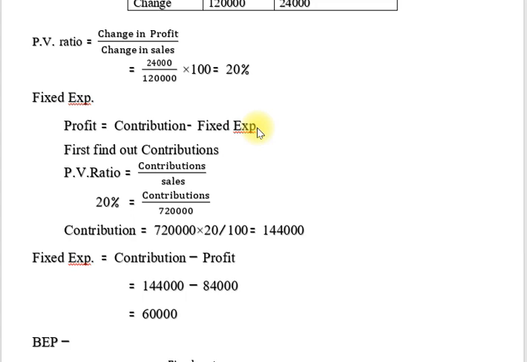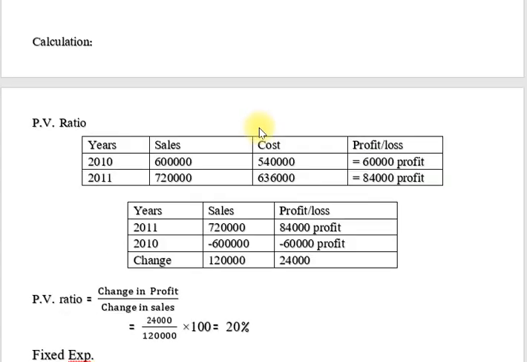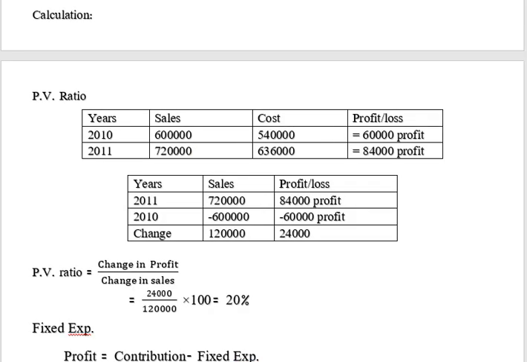Here you can see PV ratio. I prepare one table. There are four columns: number one is years, second is sales, third is cost, and last is profit or loss, meaning our result.